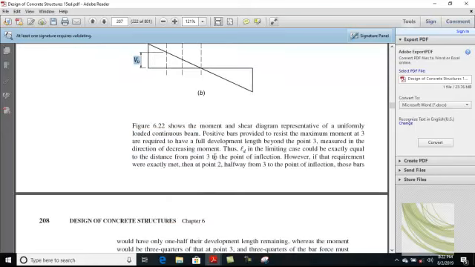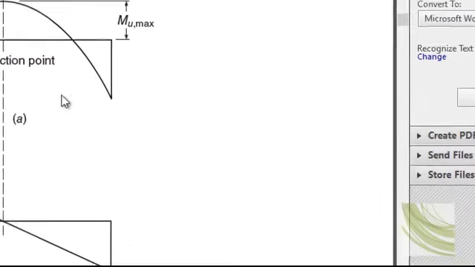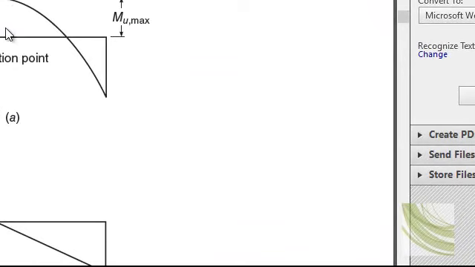Clear? Now it says positive bars provided to resist the maximum moment at point 3 are required to have a full development length beyond point 3, measured in the direction of decreasing moment. I already mentioned that the whole positive steel area should be provided at point 3, and the bars must be extended in both directions to fulfill the development length requirement.